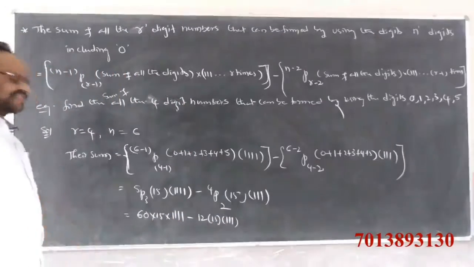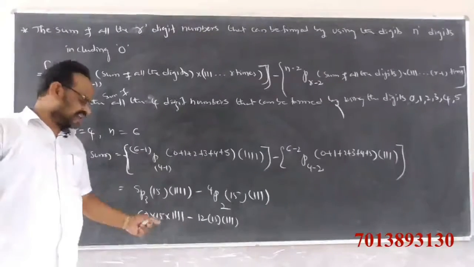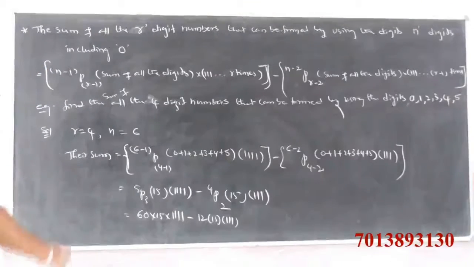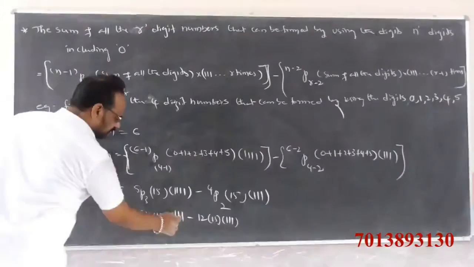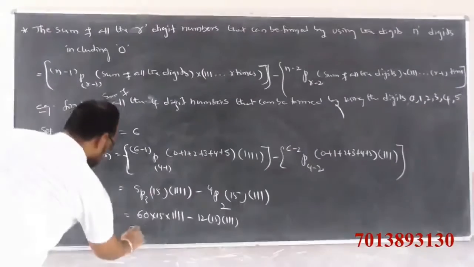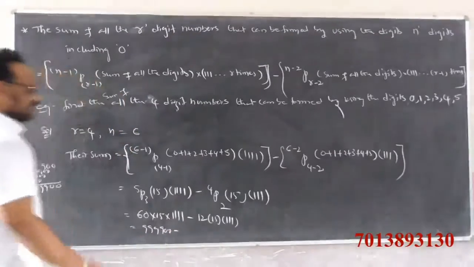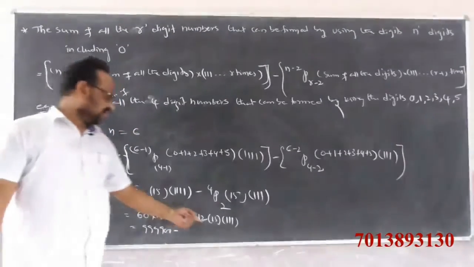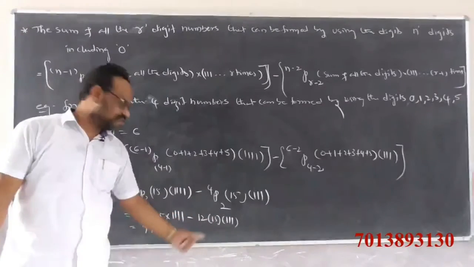So 60 times 15, we know that is 900, so 900 into 1, 1, 1, 1 is 900, minus 12 times 15. 12 fifteens are how much? 180. 12 tens are 120, 12 fives are 60, 180.